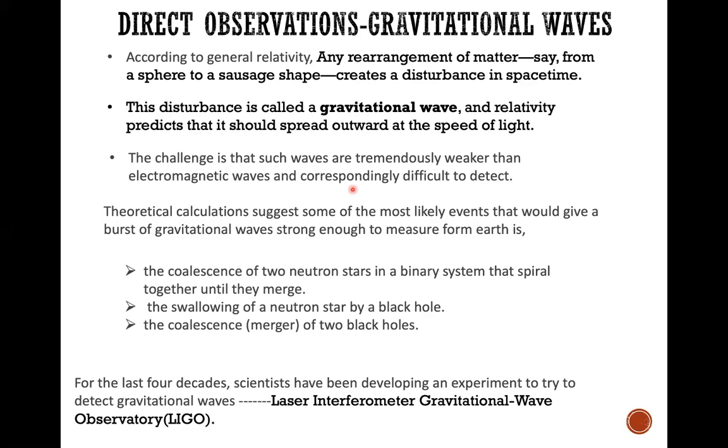But now we have direct observations of black holes, which were again predicted by Albert Einstein in his general theory of relativity. According to the general theory of relativity, he predicted that any rearrangement of matter, for example, if you have a sphere and this matter is rearranged into, let's say, a sausage shape, just to understand, will create a disturbance in the space-time because of the rearrangement, or the change, of the matter.